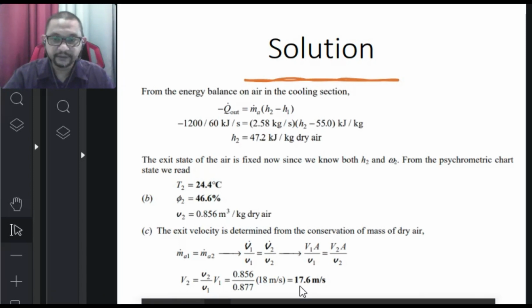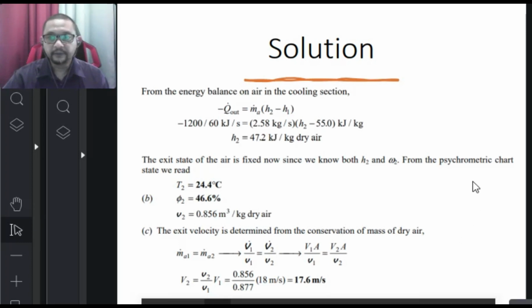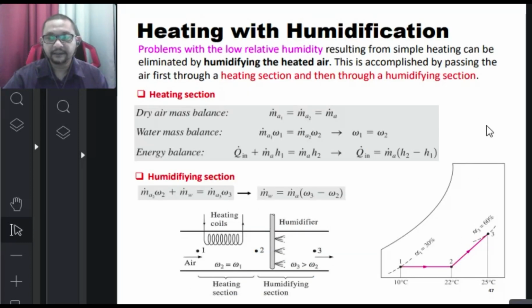Then you will get the exit velocity is 70.6 meter per second. This is the second example, but at different conditions. The first one is the heating process, the second one is the cooling process, without humidifying.